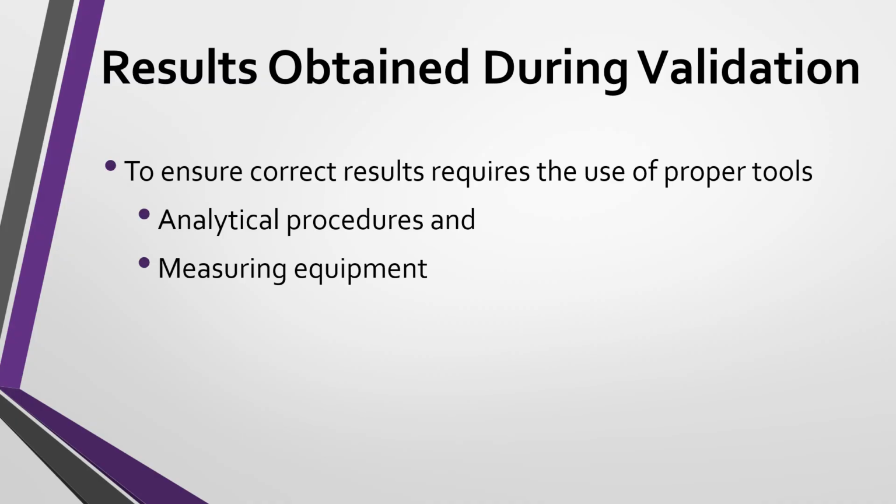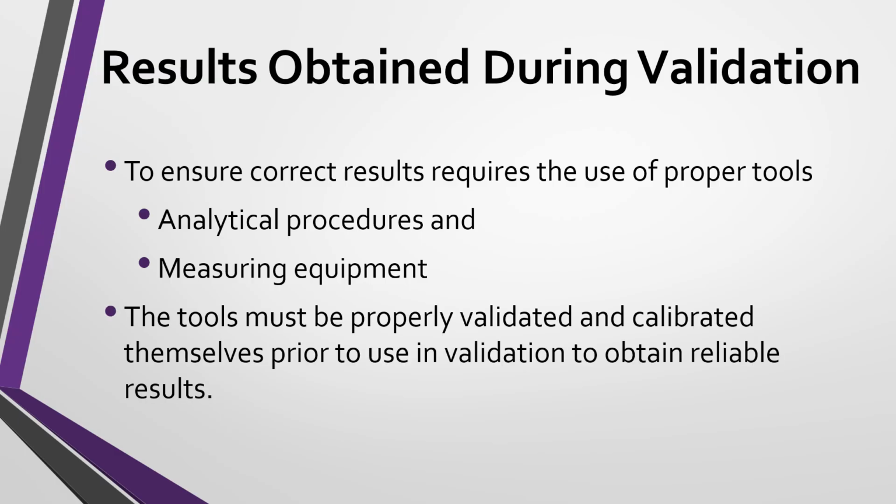Results obtained during validation: to ensure correct results requires the use of proper tools. That would mean your analytical procedures and measuring equipment must have been validated prior to use. If they're not validated prior to your use in validating your new method or instrument, then you have a situation where neither the measuring tools, analytical procedures, nor your new procedure are actually validated.